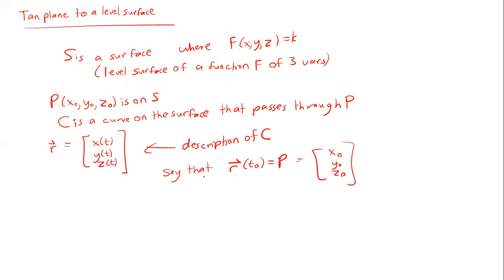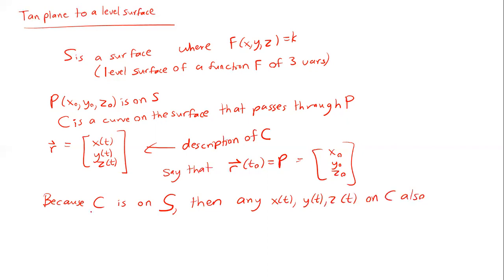So then, because C is on S, then it has to be true that any x of t, y of t, z of t on C also satisfies the equation that all points on S must satisfy.